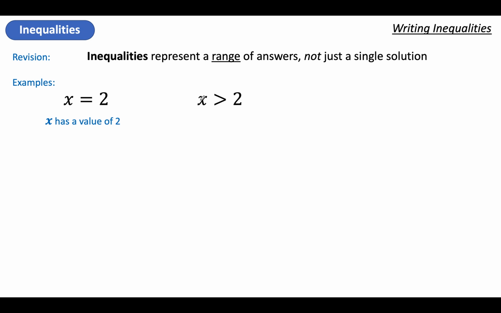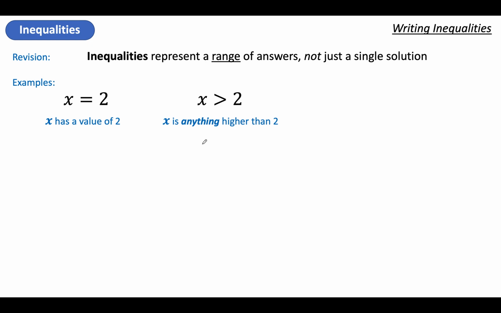So in this case, x is bigger than 2, anything higher than 2. Not 2 itself, but anything higher. So it could be 2.1. It could be 2.001. It could be 3 million. Anything, literally, bigger than 2. And there's an infinite number of things that it could be.